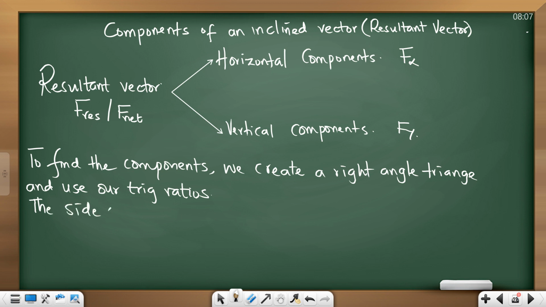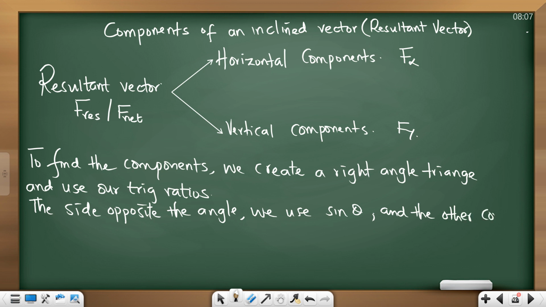The side opposite the angle, we use sine theta. If you can remember that, it will simplify your work. The side opposite the angle, we use sine theta, and the other component becomes cos theta. I'll explain, don't worry.